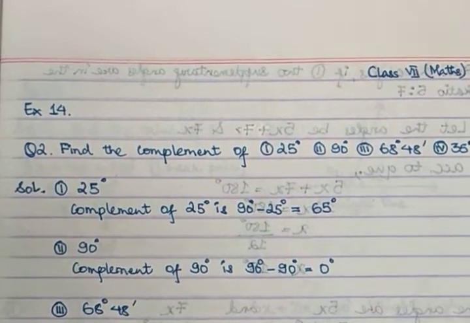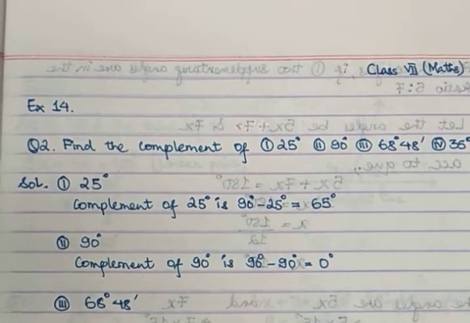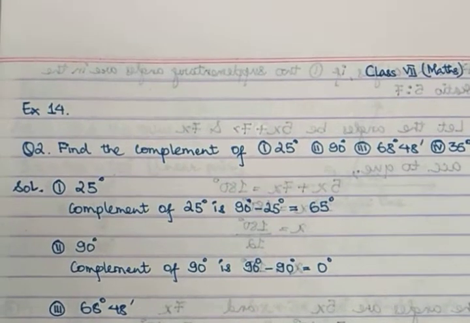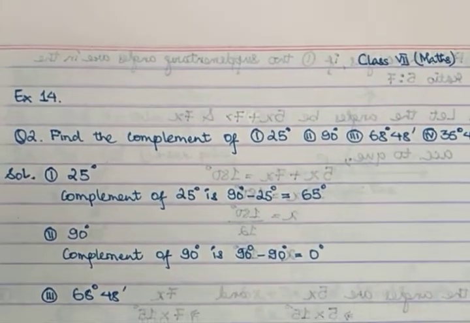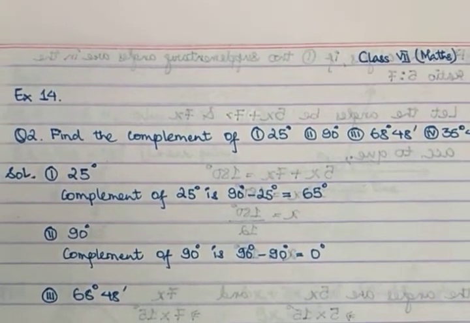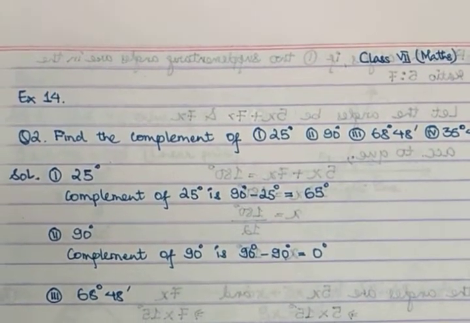So here, for question number 1, we have: find the complement of 25 degrees. What should we add to 25 to get 90? That is what the question means.